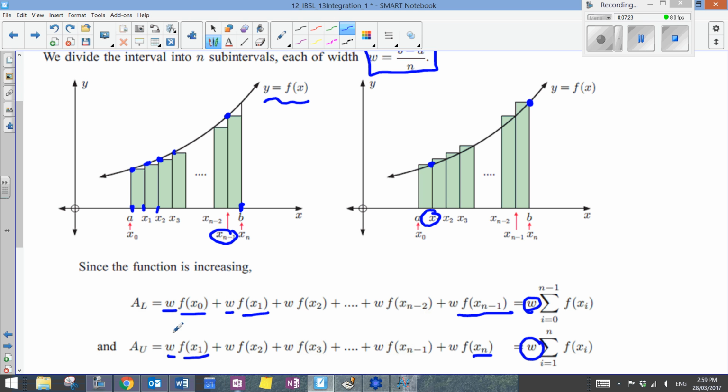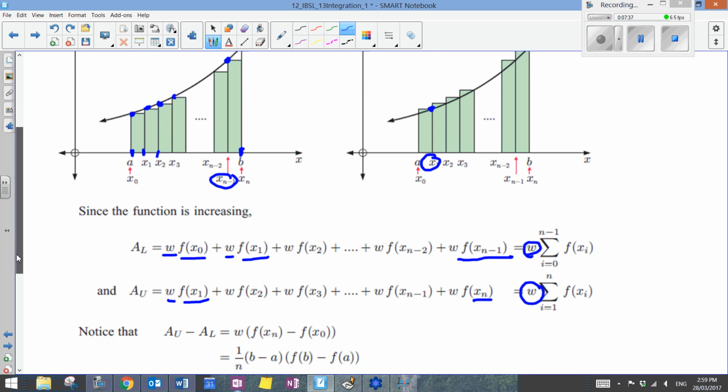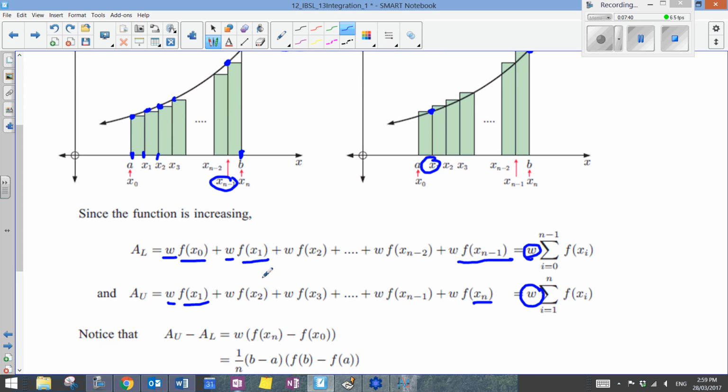Now remember, we're trying to find the actual area. So we're trying to figure out, well, if this converges to what in between the lower and the upper area sum. So what's the difference between the two? So if I actually subtracted your upper area minus your lower area, notice everything is in common except for the first and the last terms.